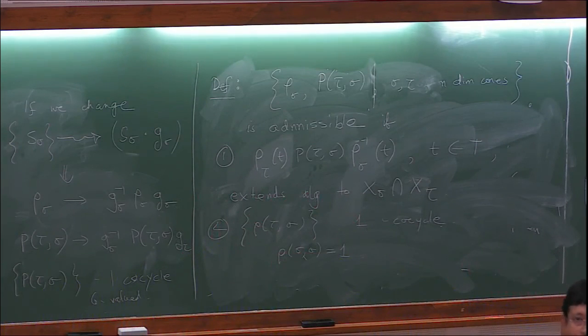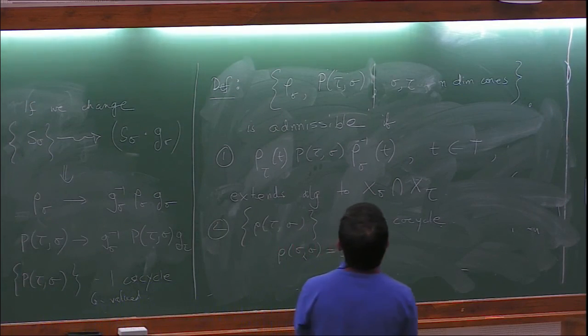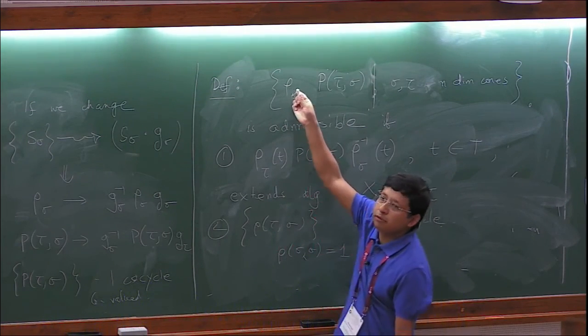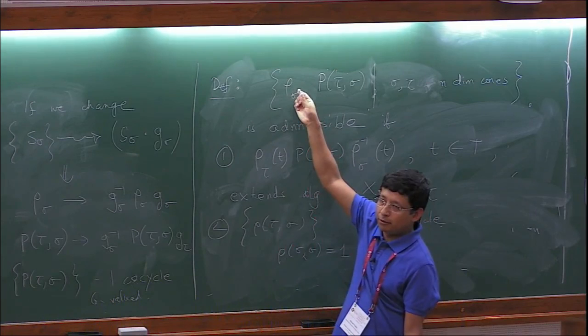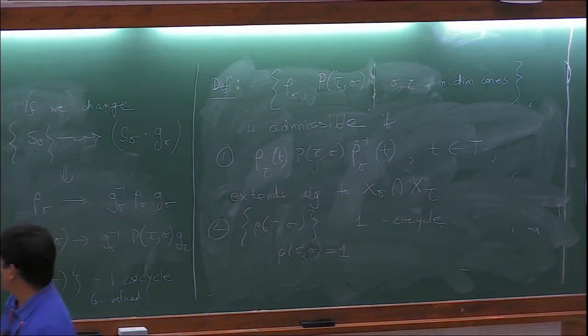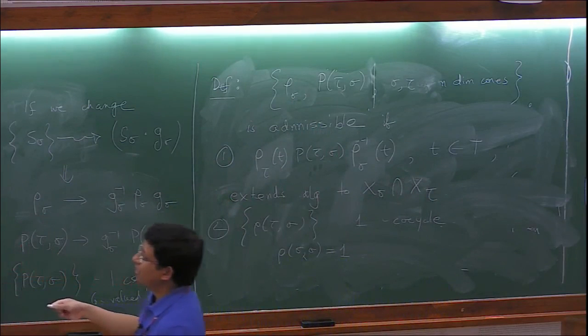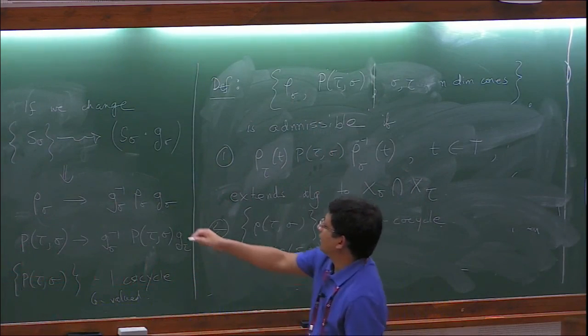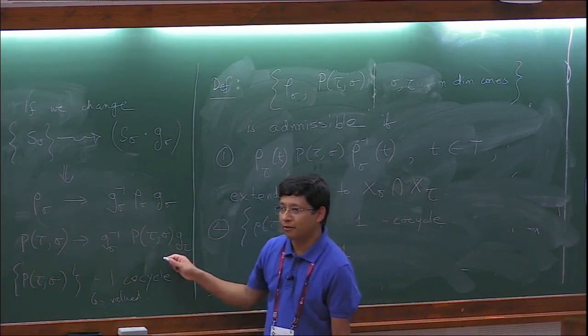And now there is some equivalence relation on the admissible collections: I'm allowed to conjugate the rho sigmas, as I showed you there, and I can conjugate this.